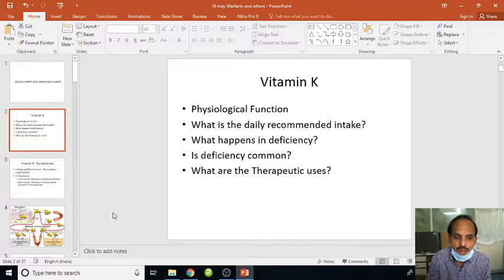Now what is vitamin K3? Vitamin K3 is totally synthetic. Once we understood the structure of vitamin K1 and K2, we tried to manufacture synthetic analogs, and those are called vitamin K3.